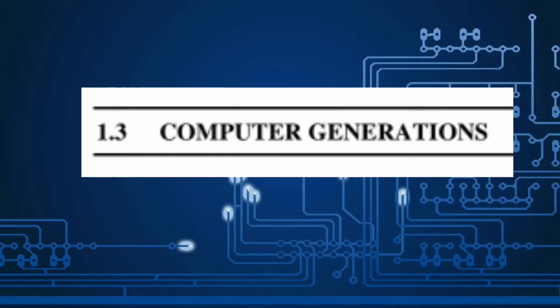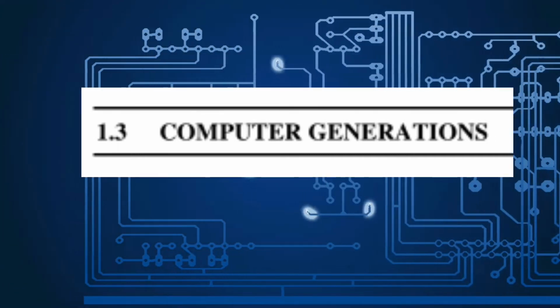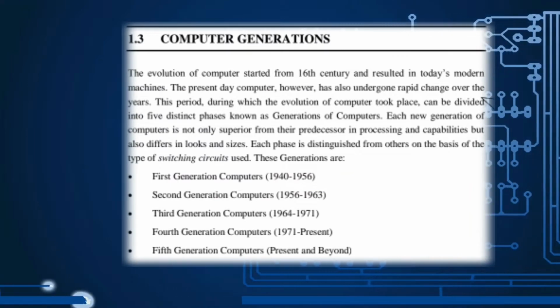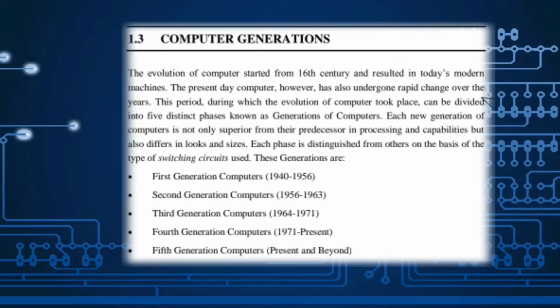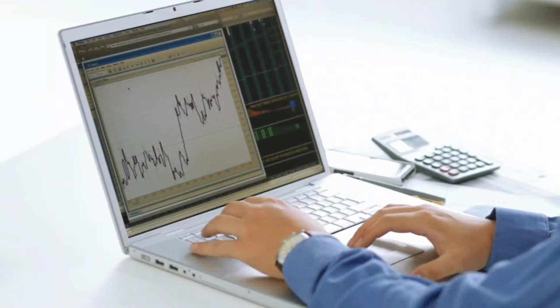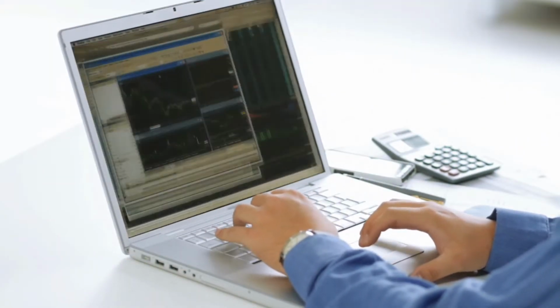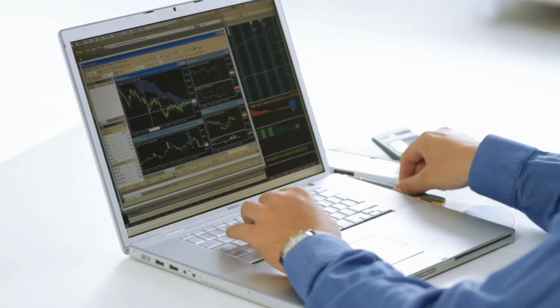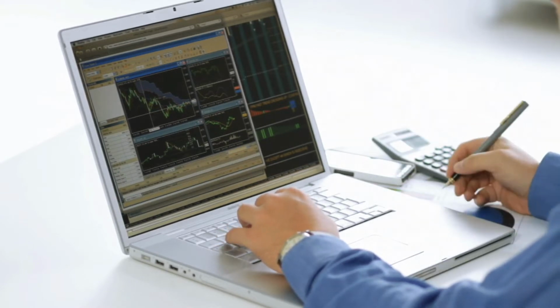1.3 Computer generations. The evolution of computer started from the 16th century and resulted in today's modern machines. The present-day computer, however, has also undergone rapid change over the years.